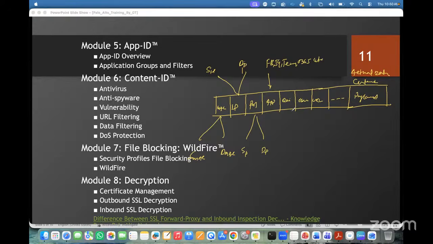And this device can be any laptop, any OS, any users, AD integrations, any URL, some other information also. I will show you how these are going to look. And finally, your payload. Nowadays, 90 plus percent of attacks are happening to the payloads.